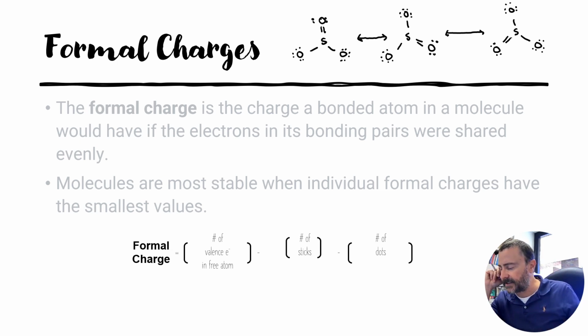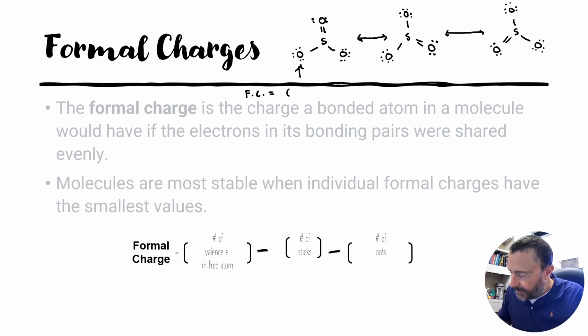All right, the number of sticks, right? So we'd subtract off, it's very hard to see that, it's a minus, and that's a minus. So minus the number of sticks and minus the number of dots. So if I wanted to do the formal charge of this bottom left oxygen there, okay, number of valence electrons is 6. All right, next, we're going to subtract off the number of sticks.